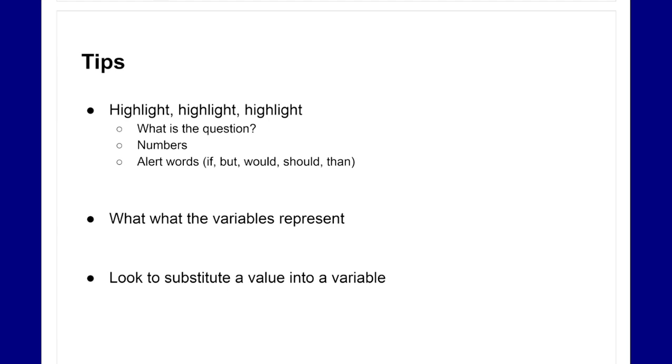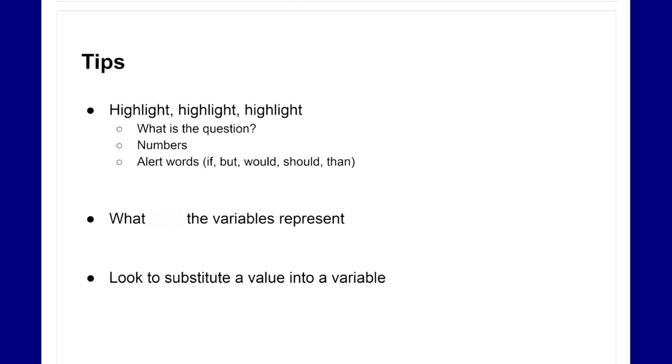We also want to think about what the variables represent. In our equation, we have an unknown, right? We have variables. When we're solving equations, we had x. So we want to know, what do the variables represent in this scenario? What does x represent? Is it money?